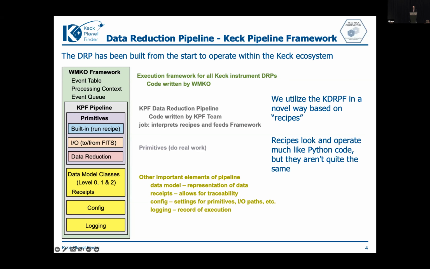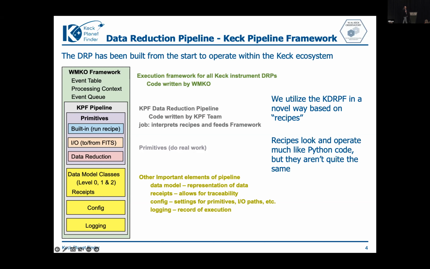It does things like keep track of an event queue and handles parallelization, and then underneath that, we have a pipeline level, which is written by us. The pipeline keeps track of the order of operations and the higher level operations like logging. Under that are the primitives that actually do work. These are the functions that actually do something.